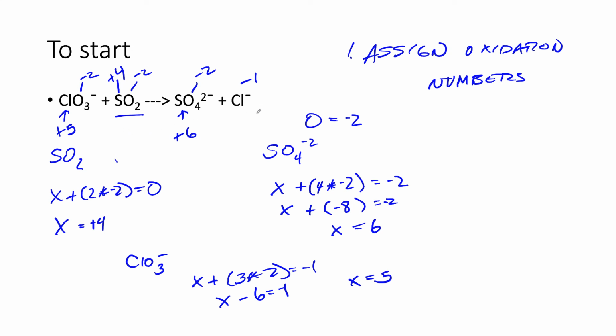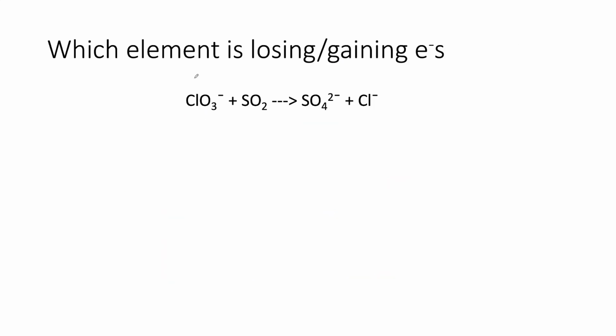Okay, so I'm going to go to the next one, and up on top, this is going to be +5, +4, +6, and -1. These two differences are 2 electrons, so it's losing 2.